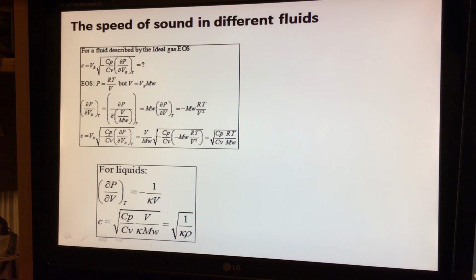You take the square root of that number, and that gives you the speed of sound in solids and liquids. And so because of this, the speed of sound in condensed phases, which is to say liquids and solids, is generally much higher than in gases.